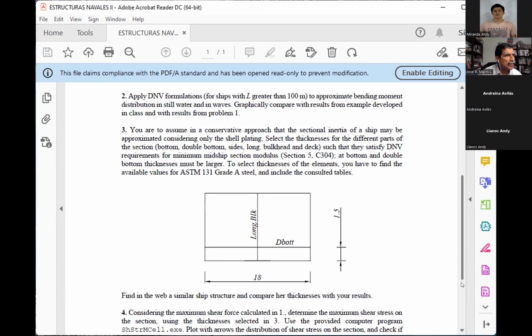The depth is not there, I'll have to review that. But the idea is that you compare the thicknesses you have chosen with the thicknesses in a real ship. It's a matter of seeing if your results make some sense or not.